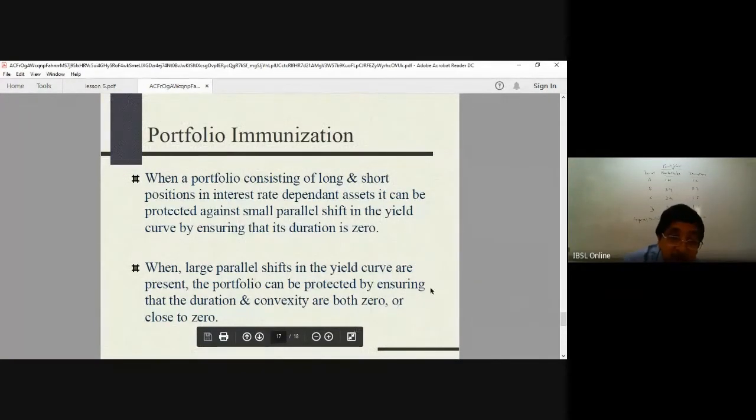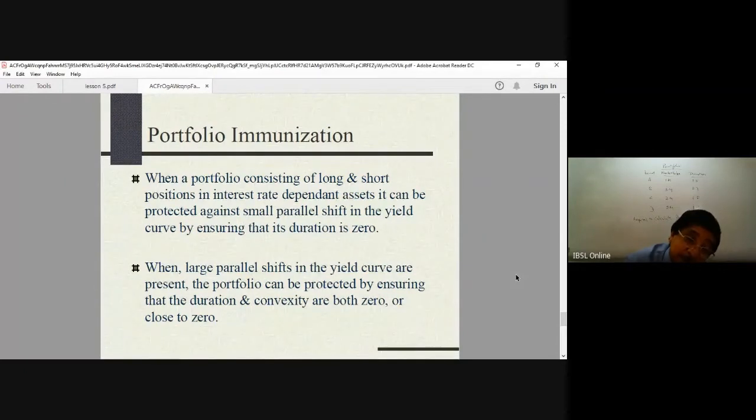Now we come to a very important concept. We call it portfolio immunization. I think you have heard this word earlier. With COVID and all sorts of things, immunization is a very important thing, because you become immune to certain things with immunization. That is the human part of it.